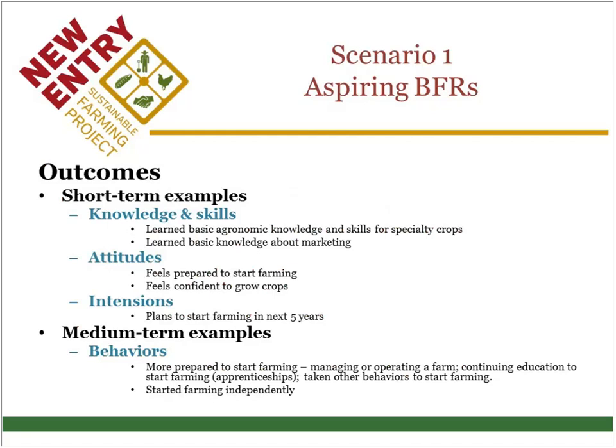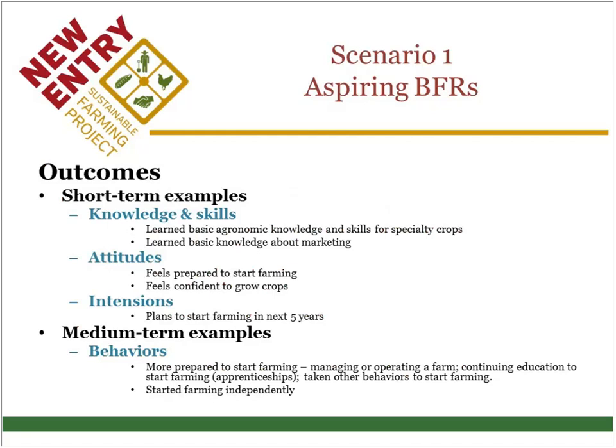You might also hope that they feel prepared to start farming and feel more confident to grow crops by the end of the program, and that at that point they still have plans to start farming in the next 5 years. And here I've chosen 5 years because in this example program, land is really expensive and most of these folks are new. So it might actually take them quite a while to really just get started on their own.